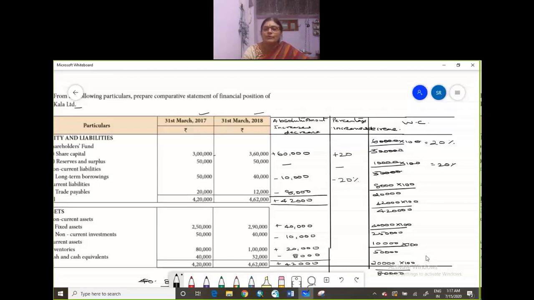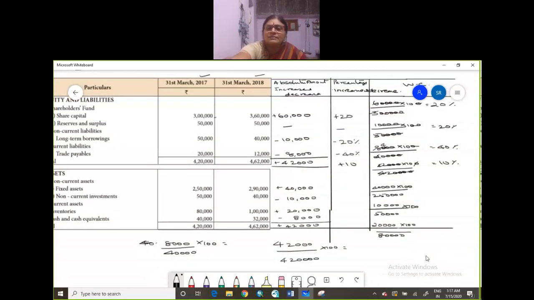Now let us see your current liability: reduced by 40%. Your total liability of 42,000 is an increase of 10%. Now let us go to our asset side.